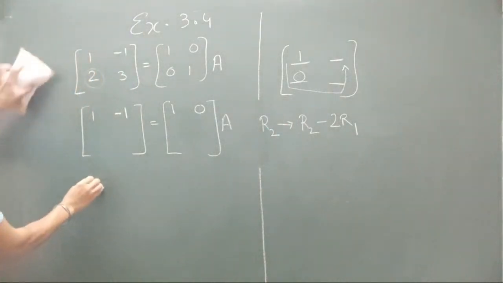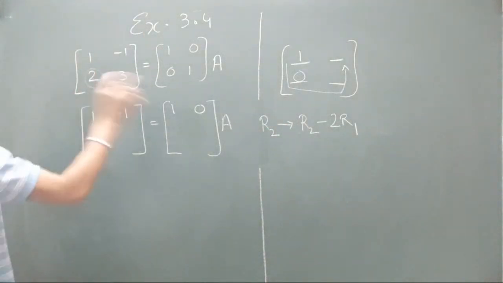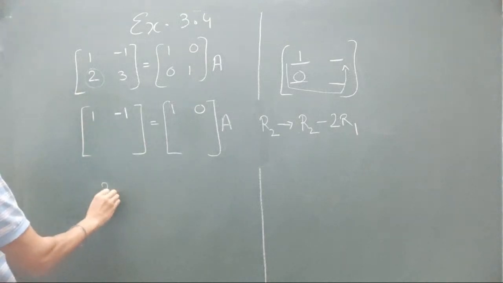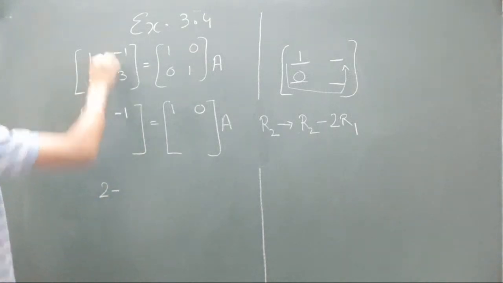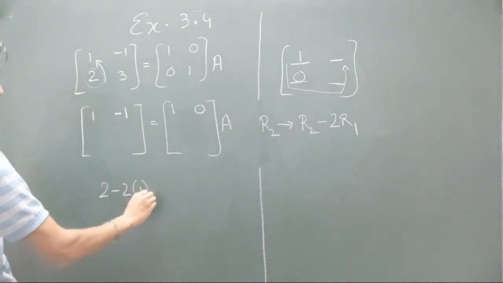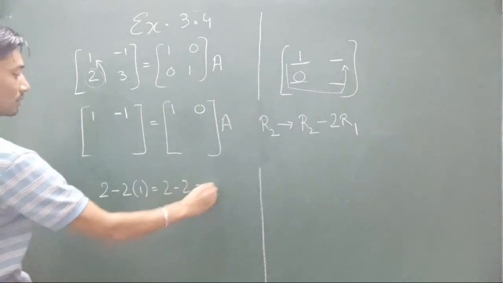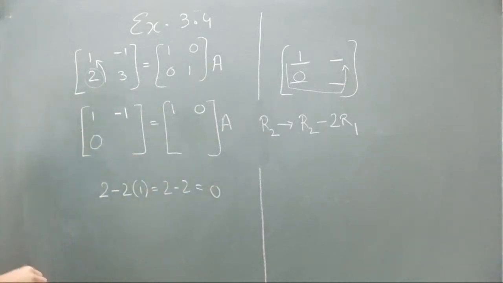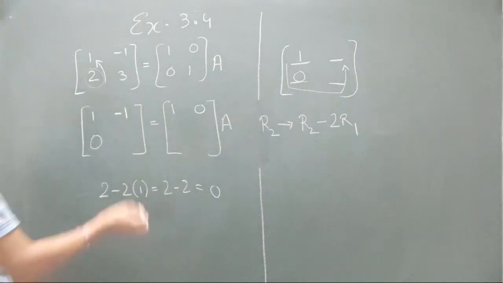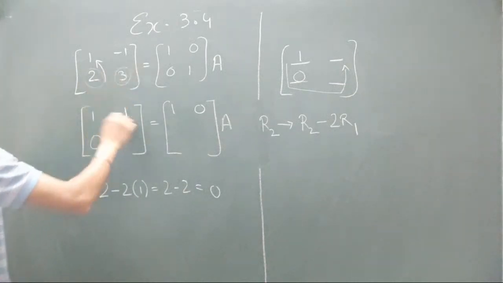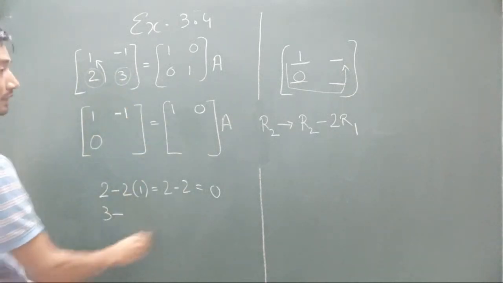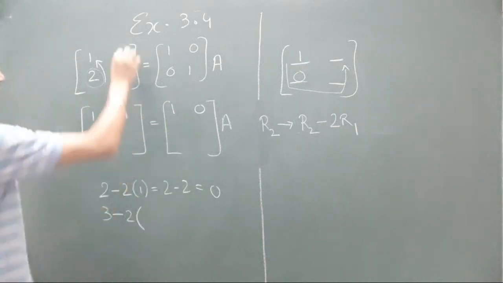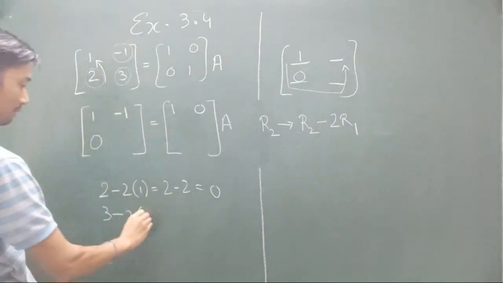I'll just do it here. Row 2, element-wise. First element, 2 minus 2 times 1. So that's 2 minus 2, that's of course 0. Done. But automatically here also the same operation will happen. So 3 minus 2 times its corresponding element in R1, minus 1.